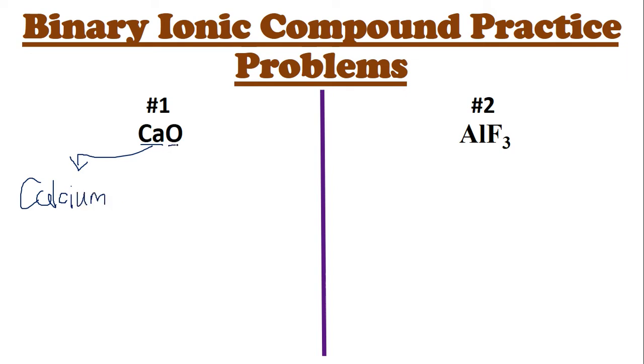The second step says we name the second element. Look on the periodic table. What element is O? That is oxygen. Then the third step says that we need to change the ending of the second element to IDE. And so oxygen is the second element. Usually you only change the ending to a non-metal. So we cross it off.